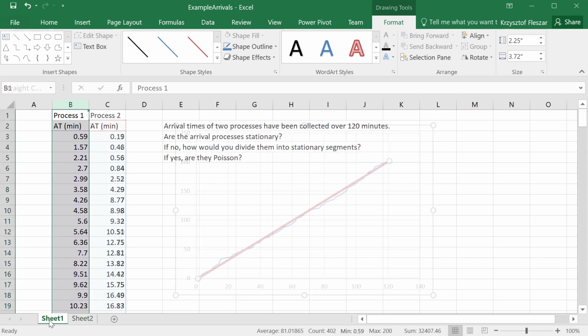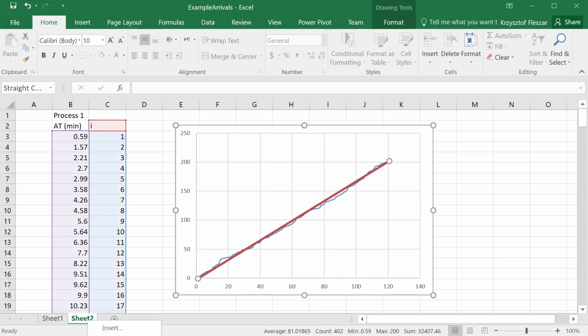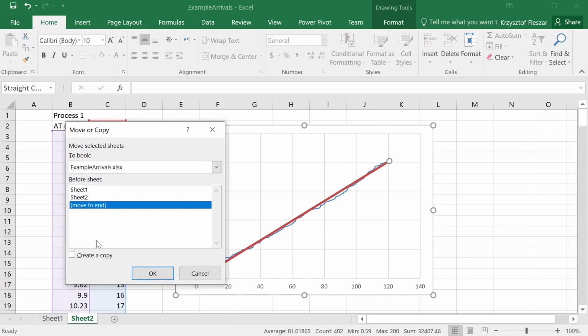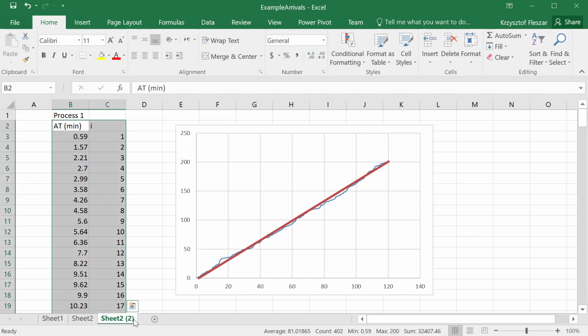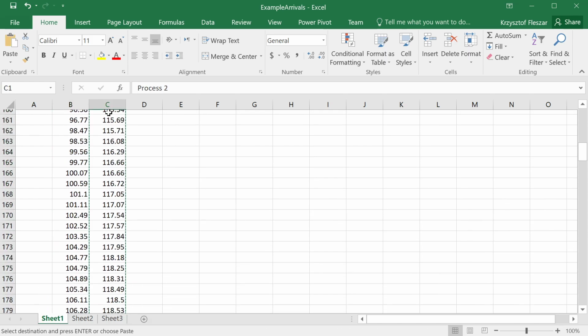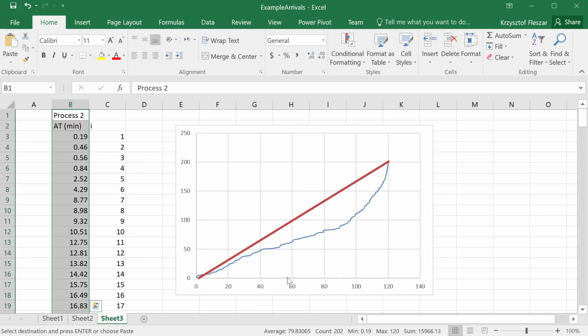Let me now go back and do the same analysis for the second process. I will duplicate this, move the copy to the end, and this is going to be process 2. I'm just going to copy the data in place of the first process. And look what happens.